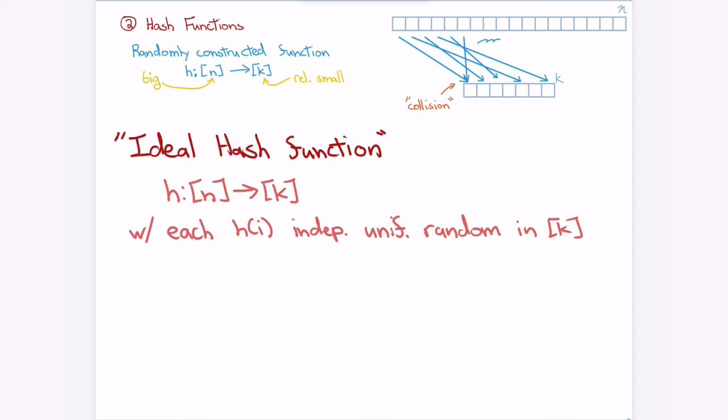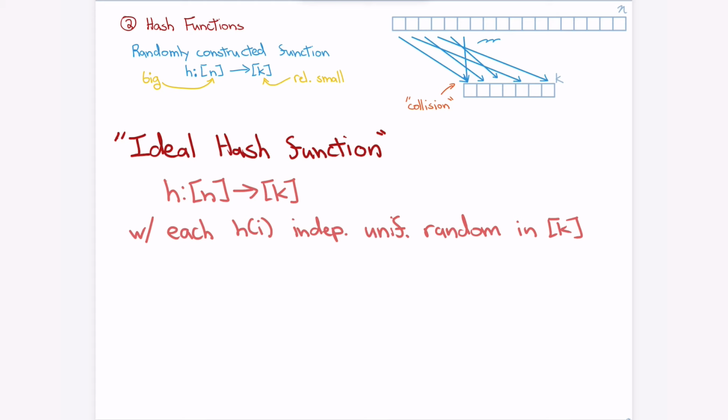So, how much space must an ideal hash function from 1 of n to 1 of k take? A naive version is I write down all n numbers. That would take maybe n log k if each of these indices out of k needs log k bits, or roughly n.